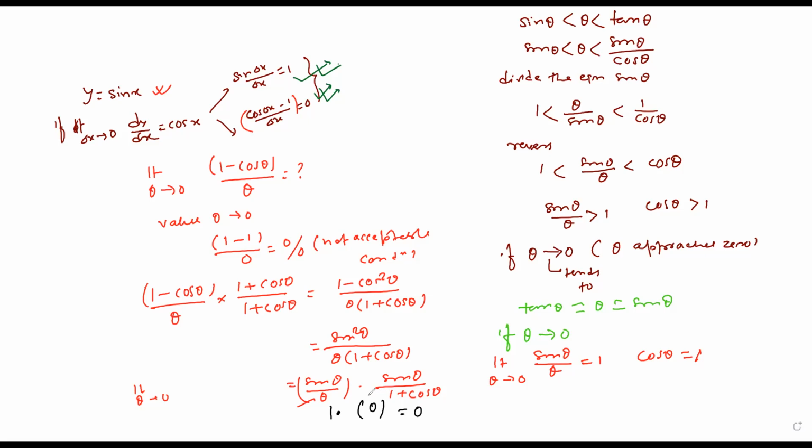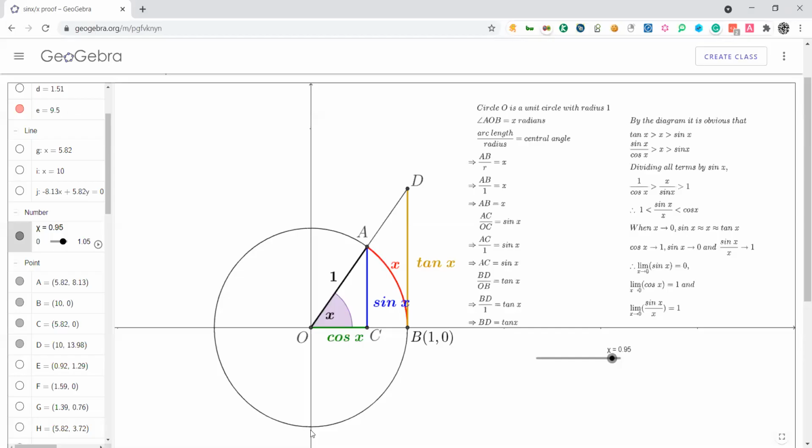Okay, now let us move forward and try to understand the entire thing in graphical form. How graphically we can solve this problem. Let's see. So we are using a very good website application called GeoGebra.